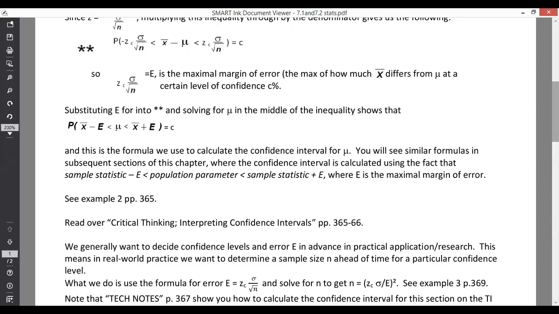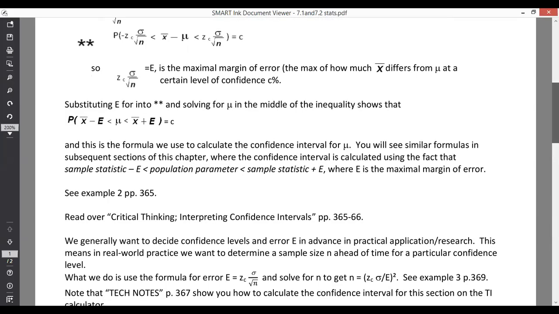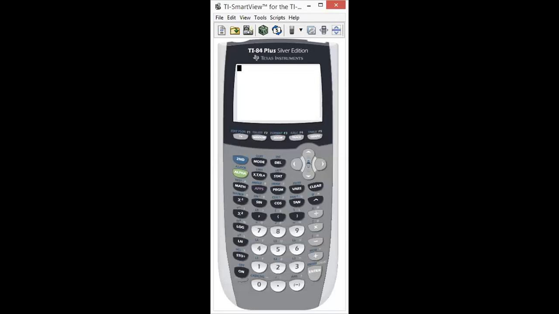All right, so continuing in 7.1, we did the confidence interval by hand, and I want to show you that confidence interval on a graphing calculator. So let me do this. I'm going to specifically just share the graphing calculator, with hopes that this doesn't freeze on me or mess up the video.